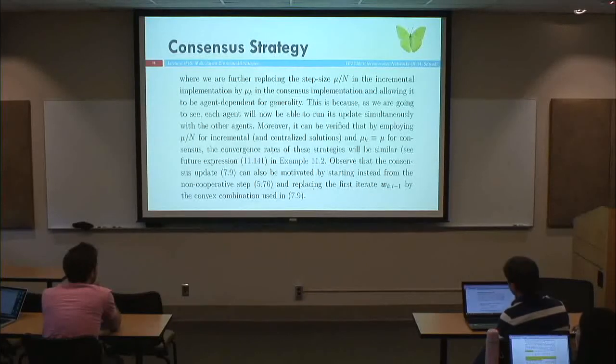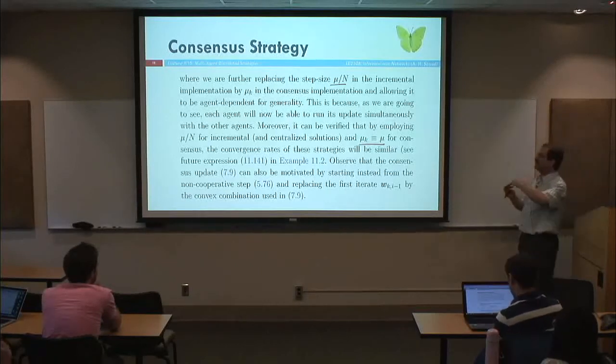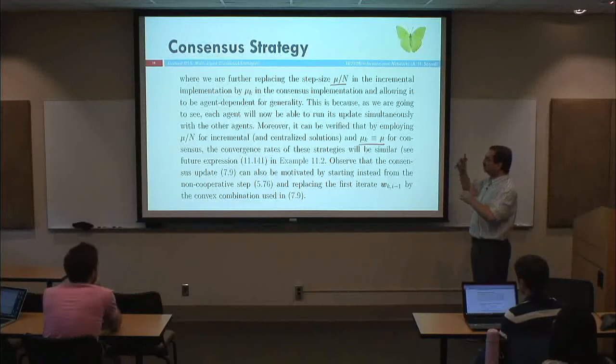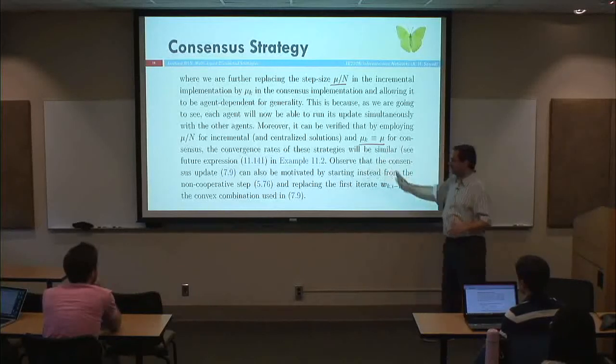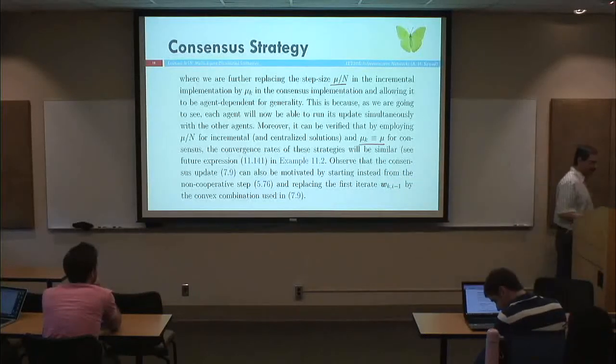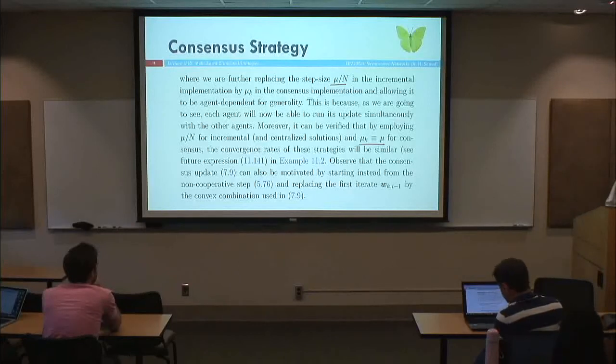Okay? So this slide is explaining why I use mu and mu over n, just because I want the convergence rates to match, and this will be shown later. I just try to give you some justification. And the main reason is that one implementation has n steps, the other has only one step, okay?